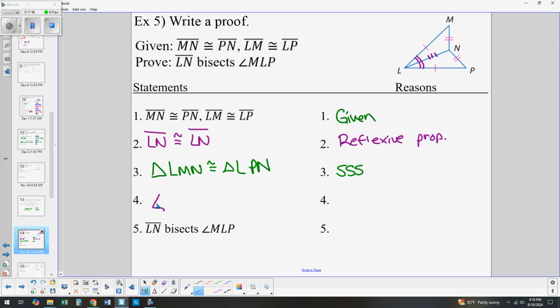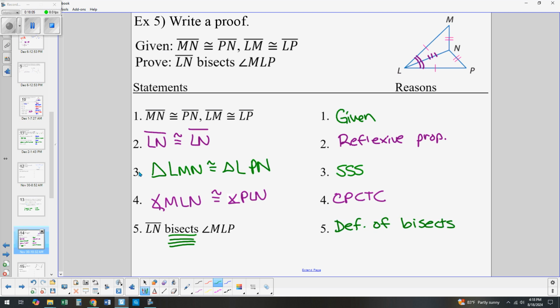So let's say that angle MLN is congruent to angle PLN by CPCTC, which now allows me to say that it bisects it by the definition of bisects. So in step 3, we had the fact that triangles were congruent. Immediately following it, we used CPCTC as our reason to say one of their parts was congruent.